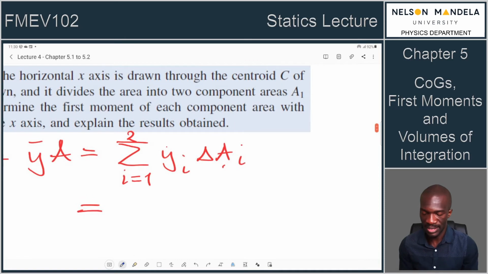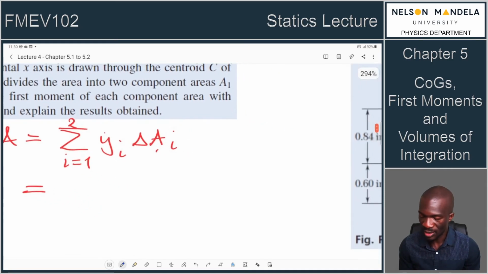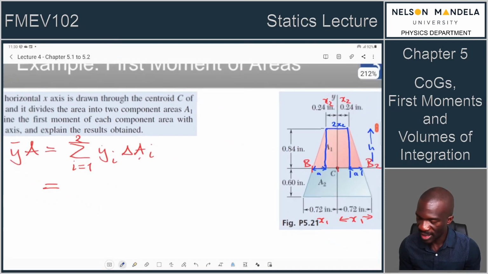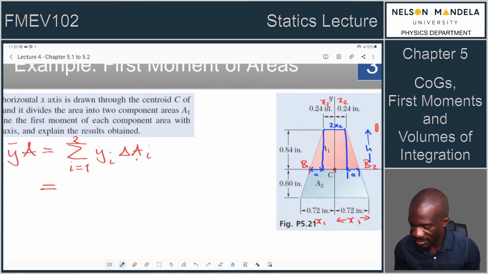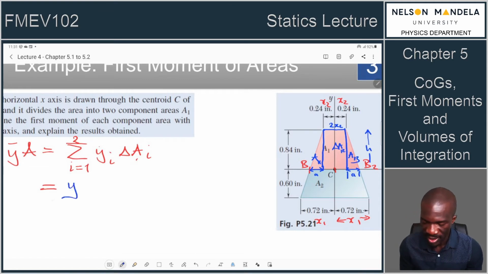Since we are concerned with the equation, we have to look at these 3 areas. Let's give them some names. I'll call this delta A11, delta A12, and then delta A13. So what is the equation going to say?